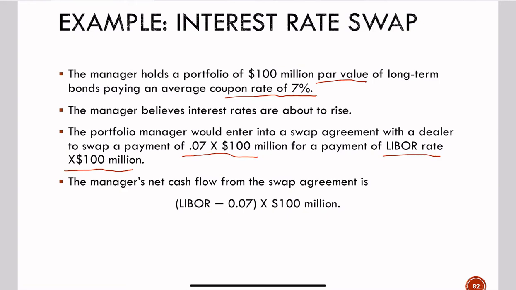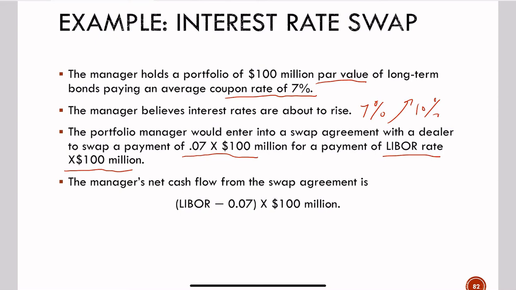But now let's say you think the market interest rate will increase from 9% to 10%. Now you can see that in this case, holding this bond is actually a bad idea because you can only get 7%. However, the market can actually give you 10%. So what can you do? Well, one way is you can basically sell your bond.